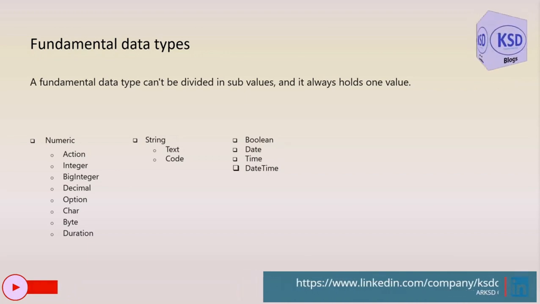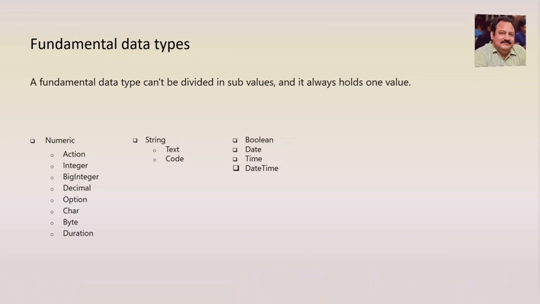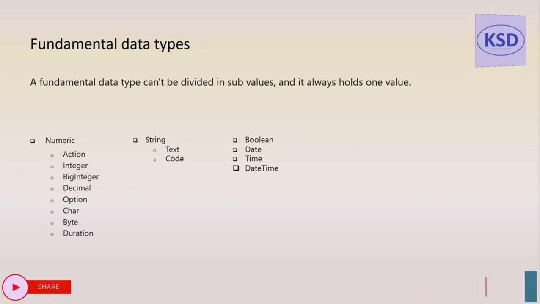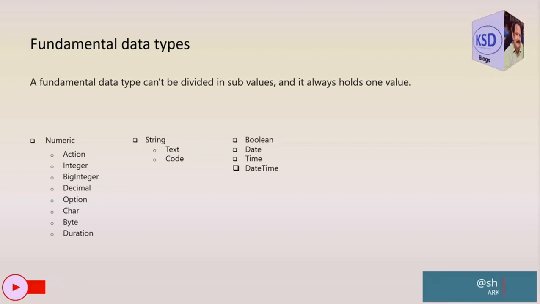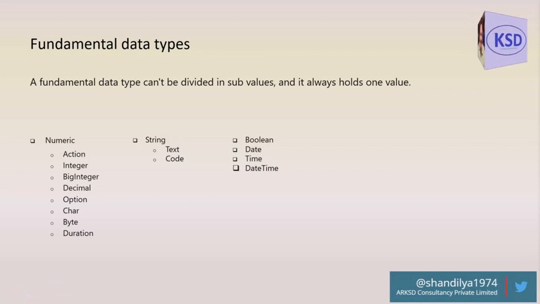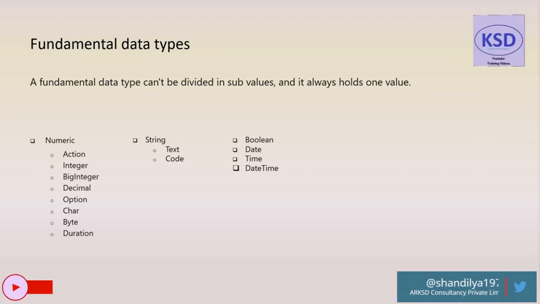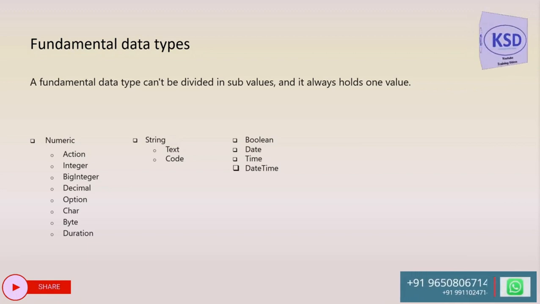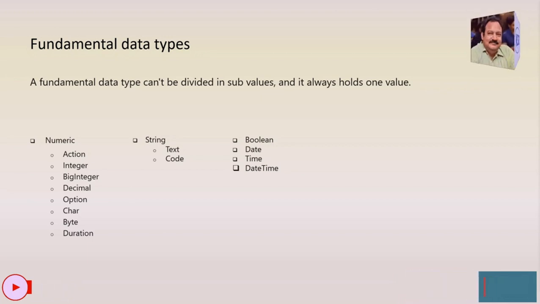So if you want some numeric type of values, you can use these data types. Similarly, for string-like operations, you have text and code. We will go into each of them further in due course. Here is just to list what data types we have.